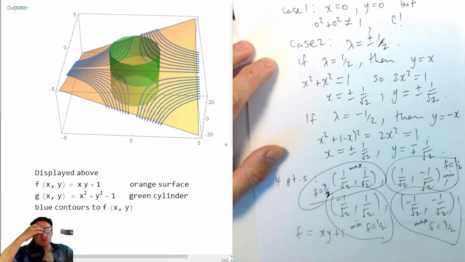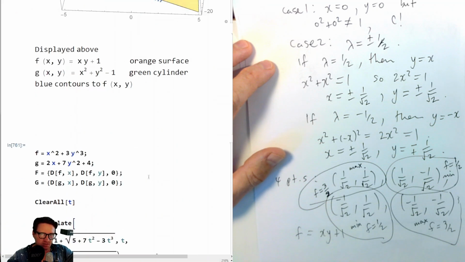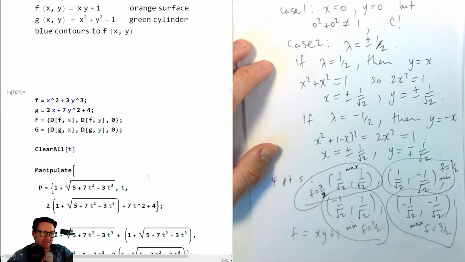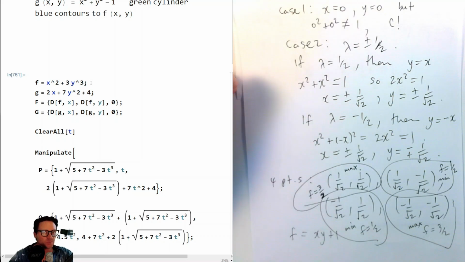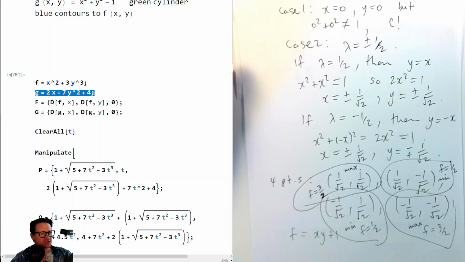Okay, I want to show you a slightly more complicated example now. So let's scroll down here to a different case. So if we had f equal to x squared plus 3y cubed, and the constraint being that 2x plus 7y squared is equal to minus 4, so I'm setting g equal to 2x plus 7y squared plus 4, this part of it is the gradient vector of f.